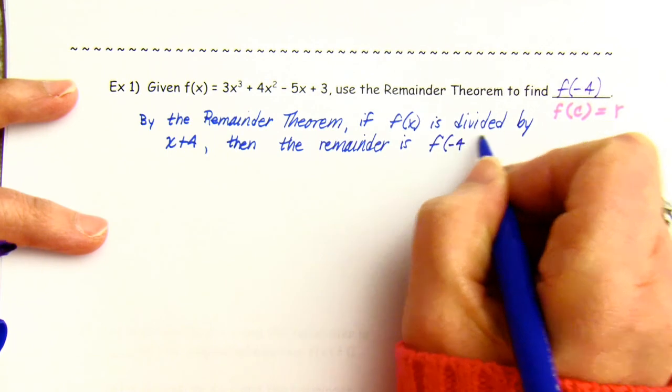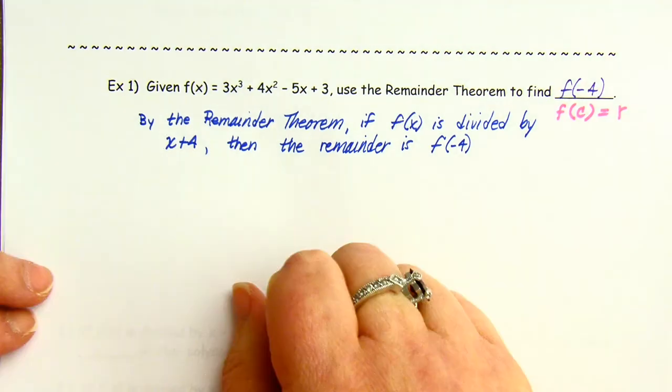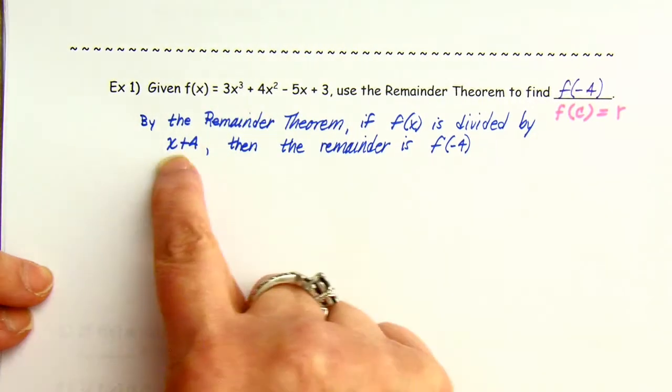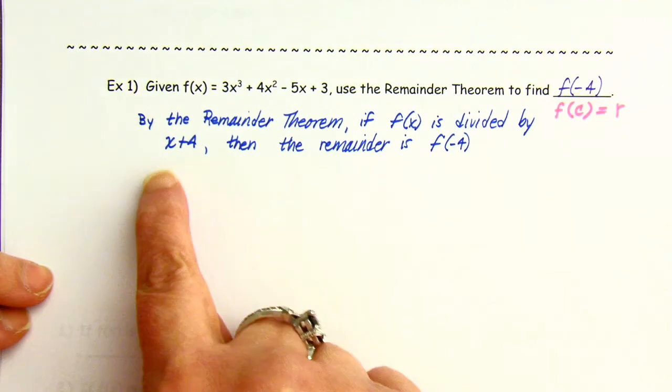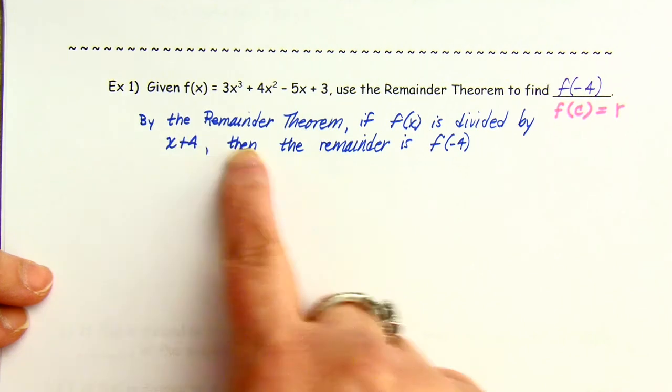And if you look at the top of your page, it's just writing it that way. If the polynomial f of x is divided by x minus c, then the remainder is f of c. By the remainder theorem, if f of x, this polynomial, is divided by x plus 4, right? If c is negative 4, then the factor had to be x plus 4, right? We switch the sign when we put it back with x. Then the remainder is f of negative 4.